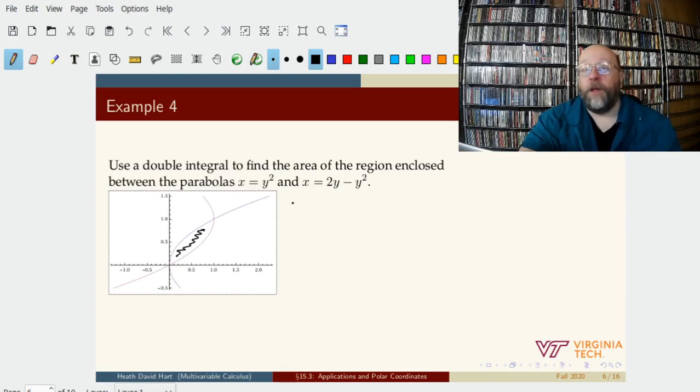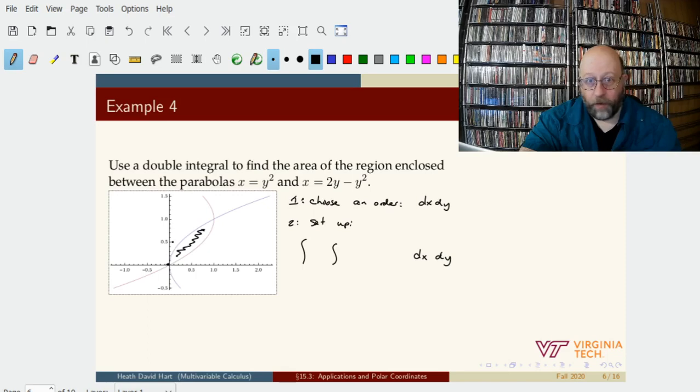First thing we're going to do is choose an order of integration. And I would like to choose the order dx dy for reasons that I will show you in just a moment. We'll set this up in the order dx dy.